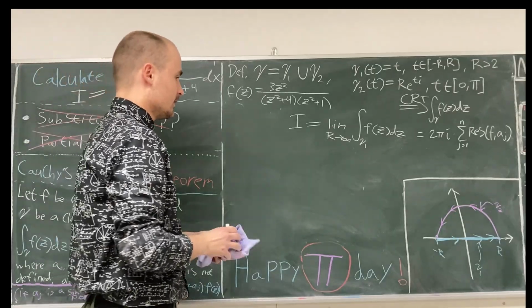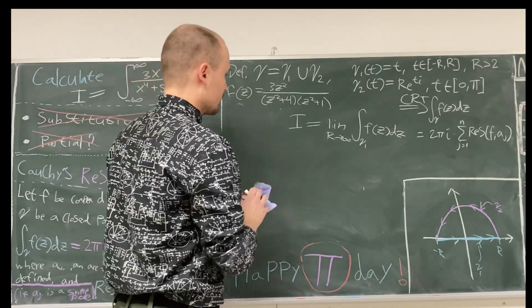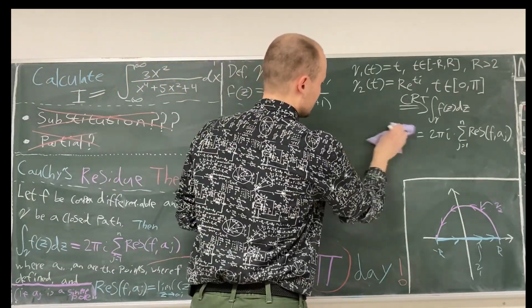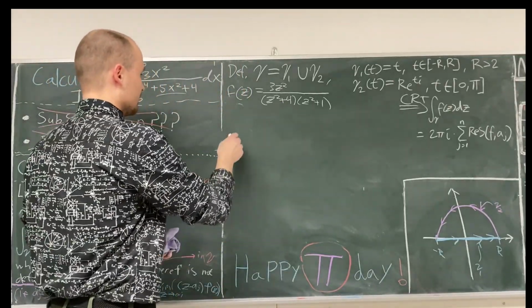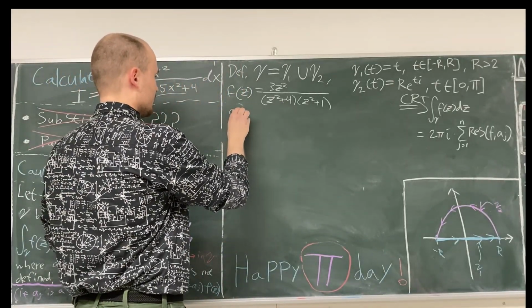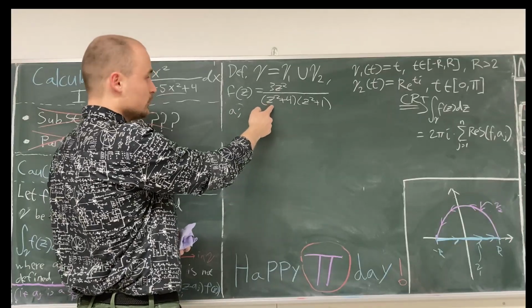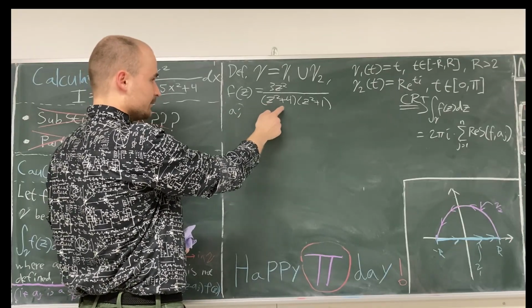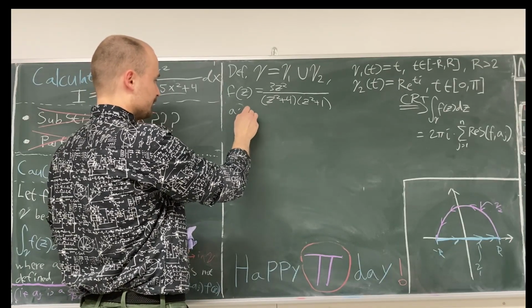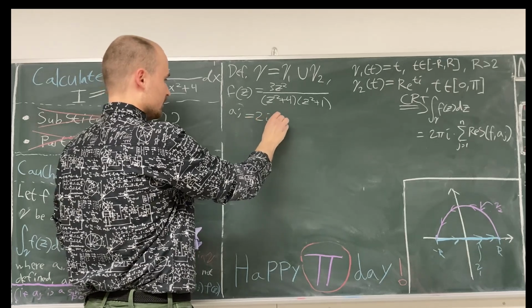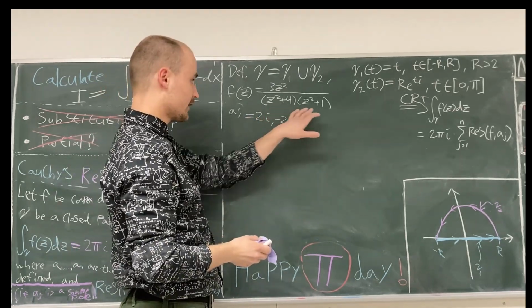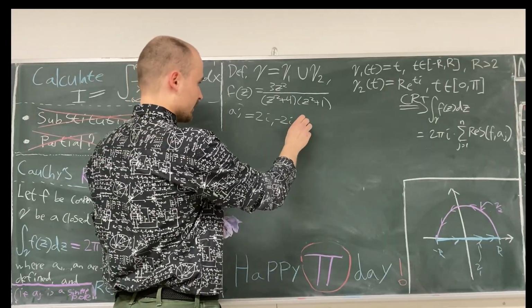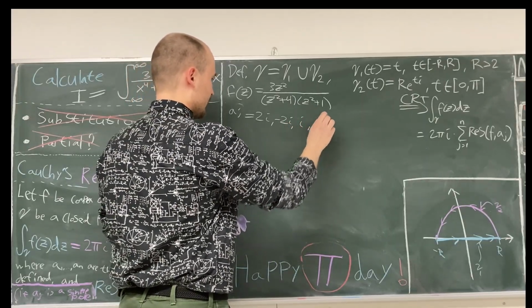So let's take a look here at our function f and see where it is undefined. So we notice that 2i and minus 2i are going to be roots in the first factor, and in the second factor we are going to have i and minus i.